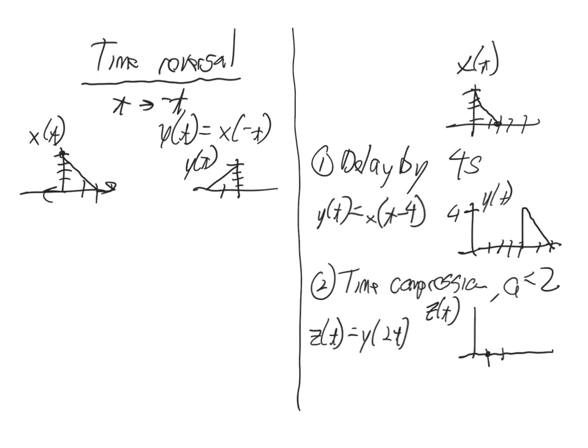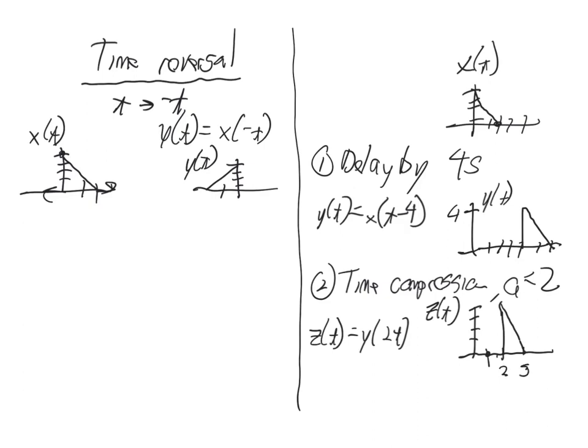So I go from 2 here, A says double it, so I go to 4 seconds, and that's where the function jumps up. So my function z here is jumping up to 4 volts at that time. And then before it took 2 seconds to decay, but now I'm scaling time up, so it only takes 1 second to decay. So this takes me from 2 to 3 seconds, and I do that decay.